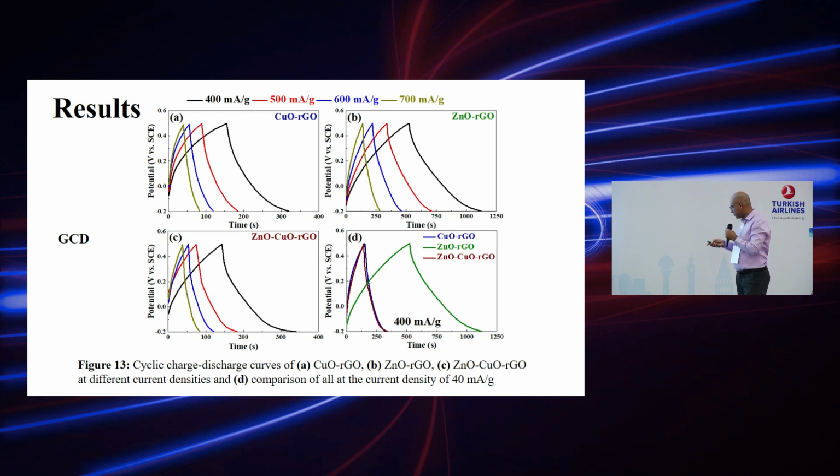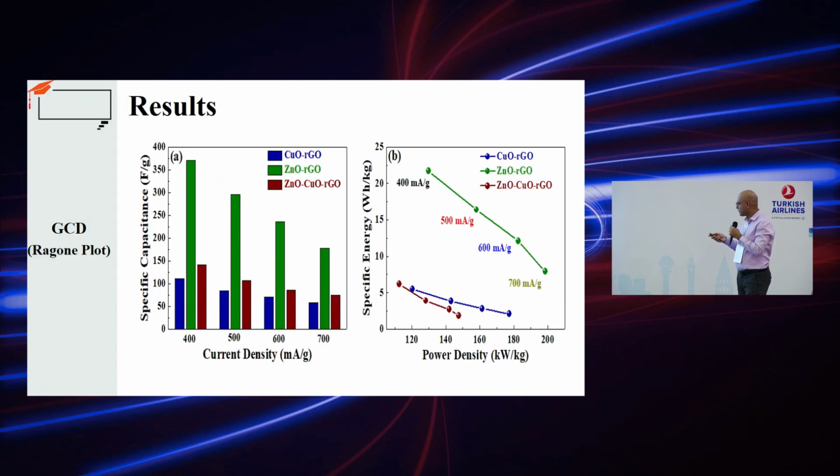Just quickly jumping onto those, we have a little bit more data, but I just restricted it here to show you that the specific energy, for example, for zinc oxide, reduced graphene oxide, was almost 22, or 21.9, at 400.